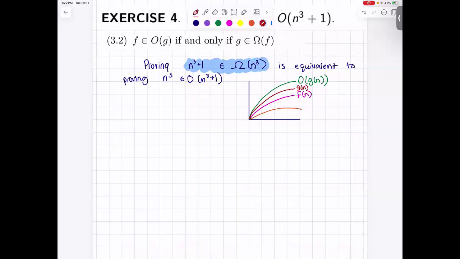Big O of g of n means it's some multiple of g of n, so it's going to be a little bit higher up. We can see where f of n is, and then we can say that g is omega of f of n.